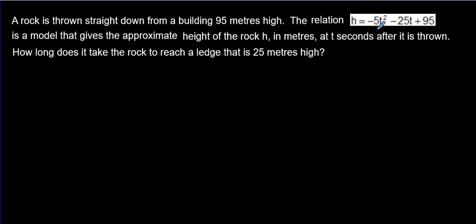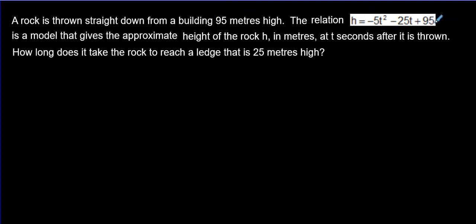Okay, h equals negative 5t squared minus 25t plus 95. That 95 on the end is included here, and it's helping us with regards to this building that is 95 meters high. So we don't need to worry about putting that in the equation later. It's already being included here.